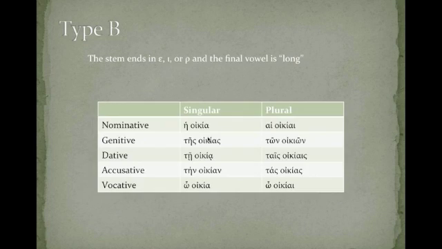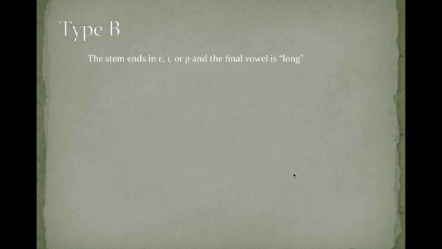In type B, the alpha sticks throughout. That's because of that epsilon, iota, or rho. So if you see an epsilon, iota, or rho, you're going to find that alpha throughout the singular. Oikia, oikias, oikia, oikian. Vocative and nominative are the same. Oikiai, oikion, oikiais, oikias, oikiai. The plural is identical to that type A.